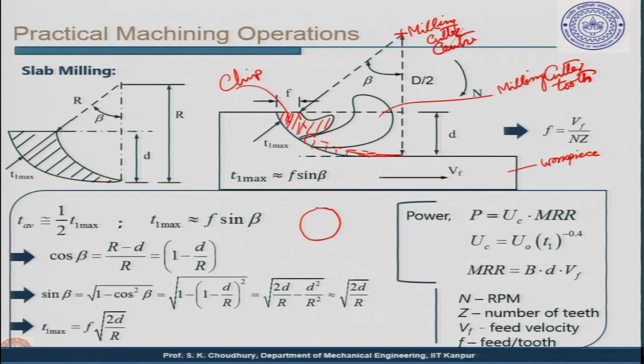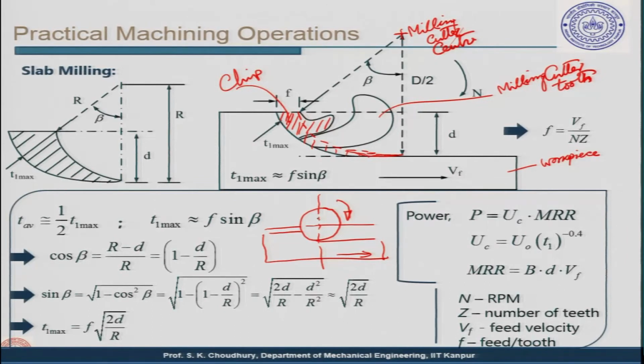Suppose this is one position of the milling cutter, and this is the next position of the milling cutter, and this is the workpiece. The milling cutter is rotating like this, and the workpiece is moving like this.